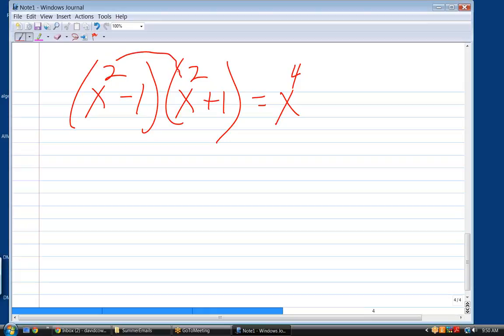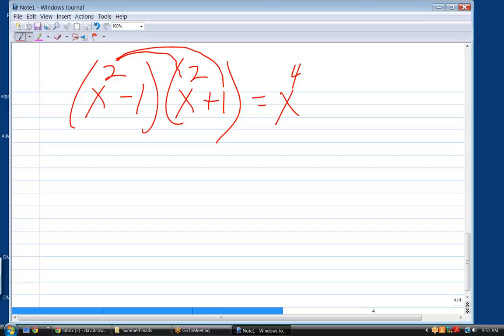In other words, we did that times that. The next thing we need to do is that same term times the other term. What's x squared times plus 1? X to the 3rd? No. What's anything times 1? Anything times 1 is itself.